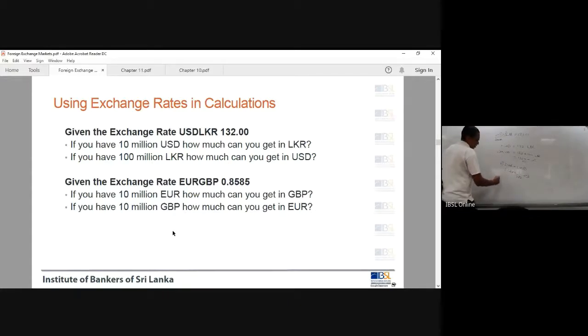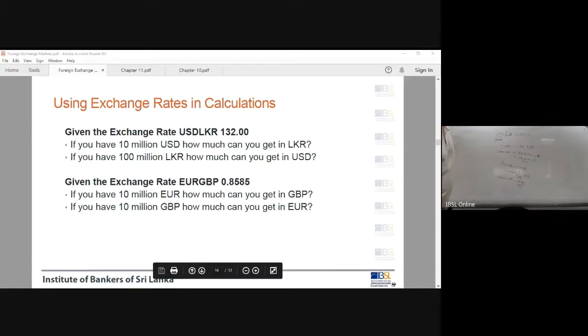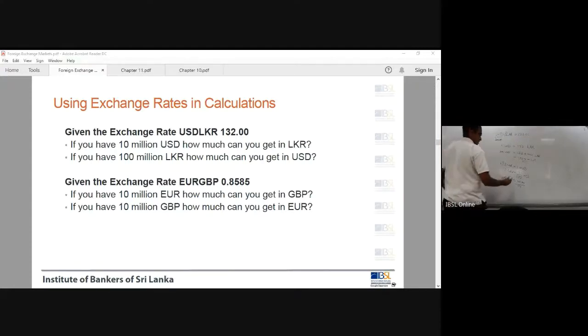You have 100 million rupees, so it is 100 million over 132, which is 757,575.76.